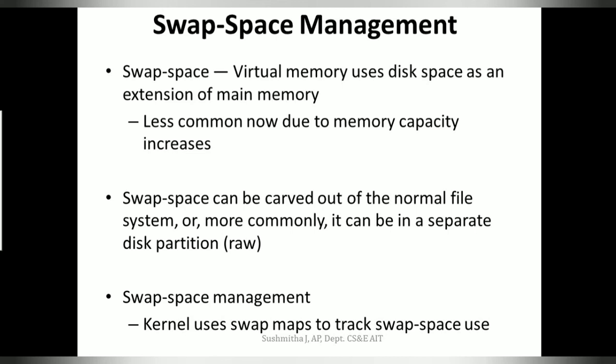This can be called a swap file. Interchanging data between the virtual memory and the real memory is called swapping, and the space on the disk is the swap space.